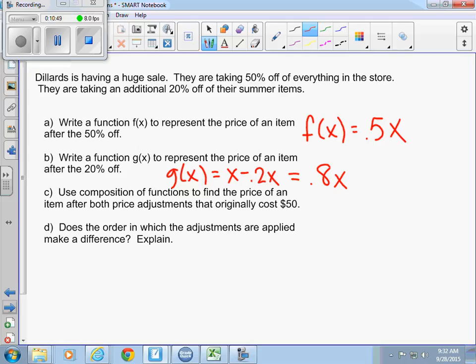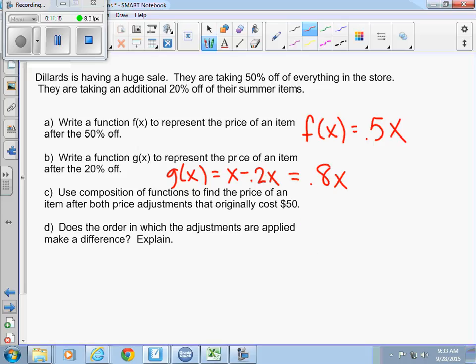Okay, anyway, those are f and g. Any questions? Use a composition of functions to find the price of an item after both price adjustments that originally cost $50. So I'm going to rewrite that. Which one is the one I'm doing first? The 50%, right?